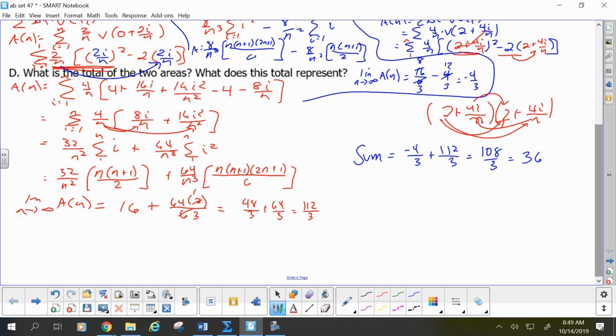That's the total of backwards 4/3 and forwards 112/3. That's the displacement. It's the difference between how far you went back and how far you went forward. So this implies that at time equals 6 seconds, I am 36 feet forward from where I started.